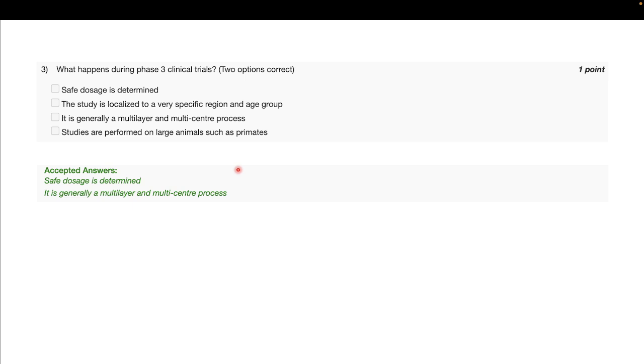It occurs all across places, not just confined to one hospital center. You can coordinate with many patients present in various different places, and that's how this process happens. Clear?